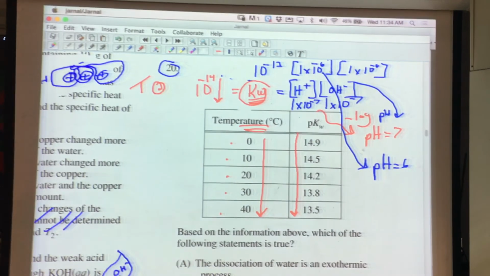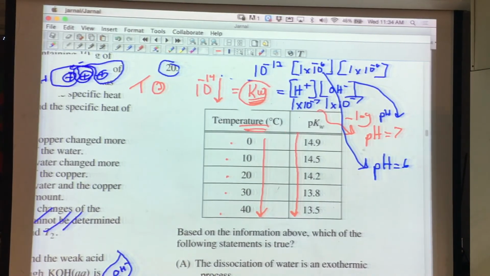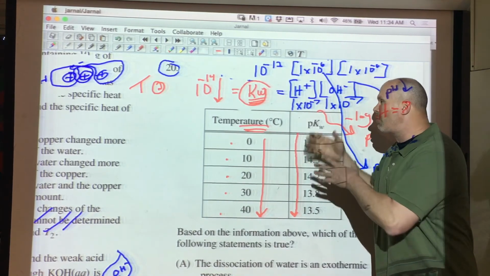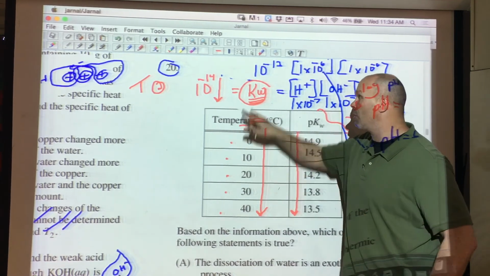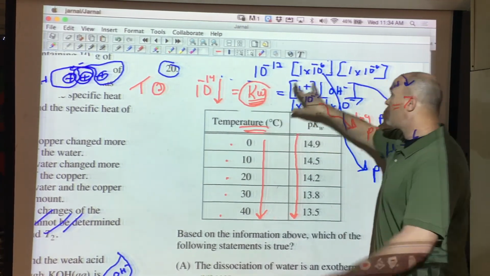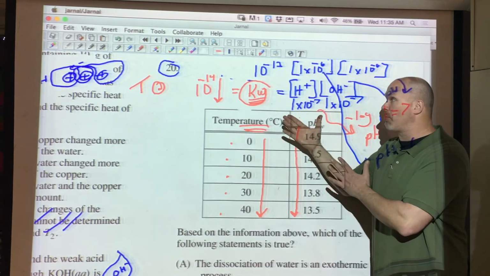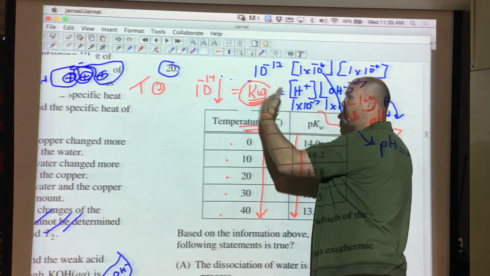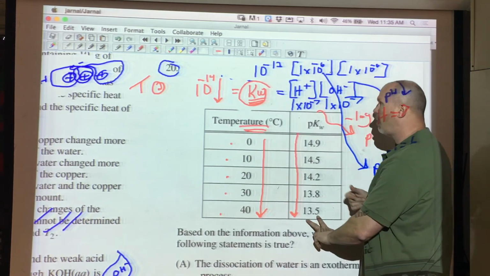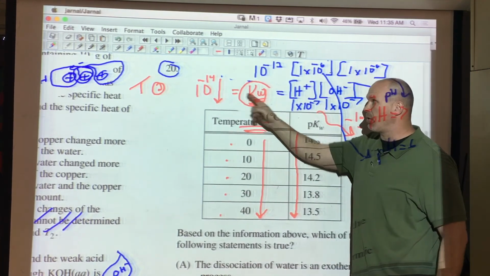See, we fall in love with the idea that neutral pH is always 7. 7 always means these are equal, but that's only when we're dealing with a Kw at a certain temperature. When you change the temperature, this value changes, which changes this. So just playing with the numbers, knowing this Kw, what's the negative log of this? 12, which is lower than what? 14, correct?